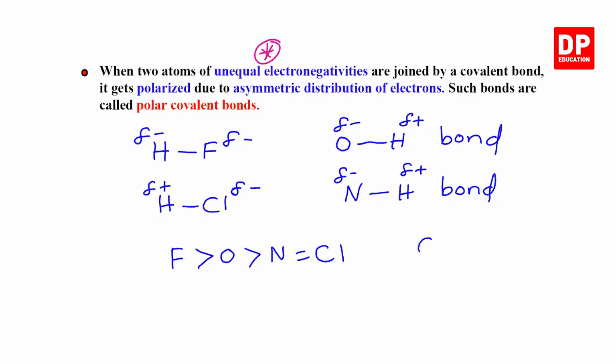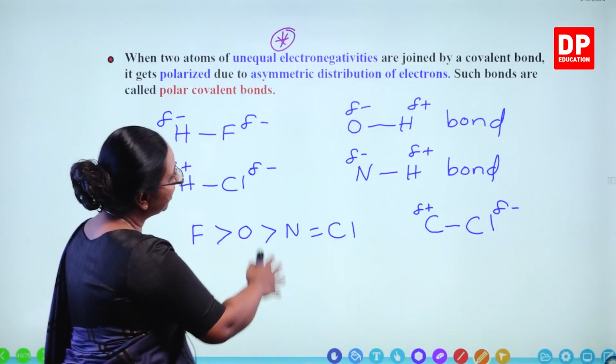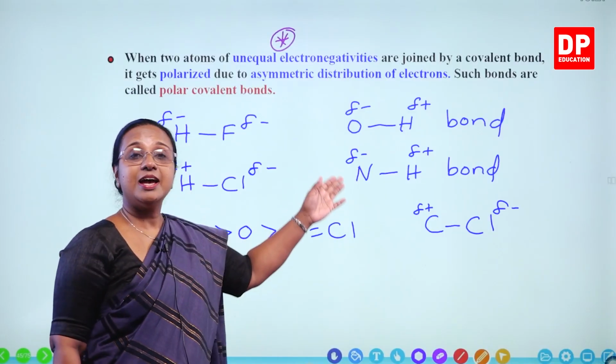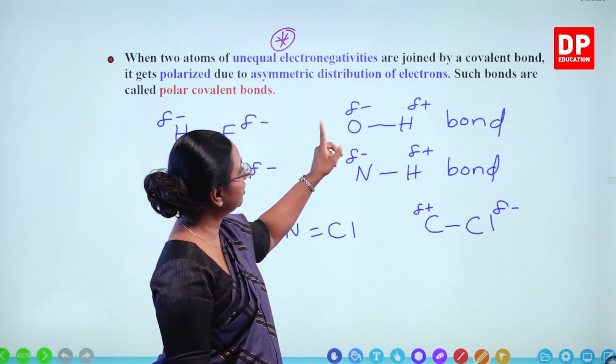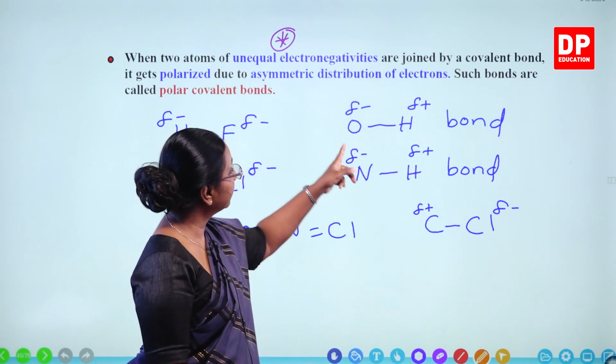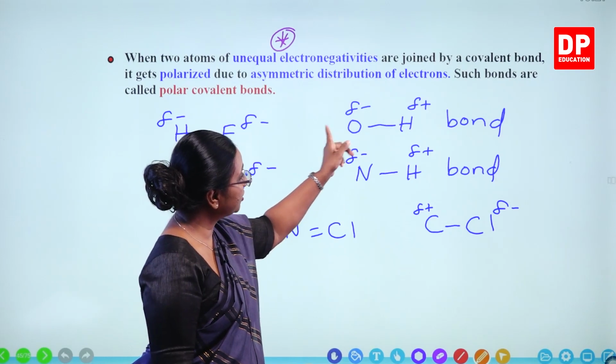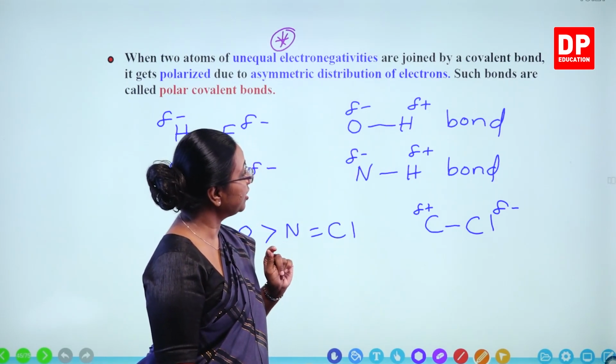Even the carbon-chlorine bond is also delta negative and delta positive. Can you all see all the bonds? I have not written all the molecules here. You can see I have denoted only the OH bond, where the negative charge is on oxygen and the positive charge is on hydrogen.